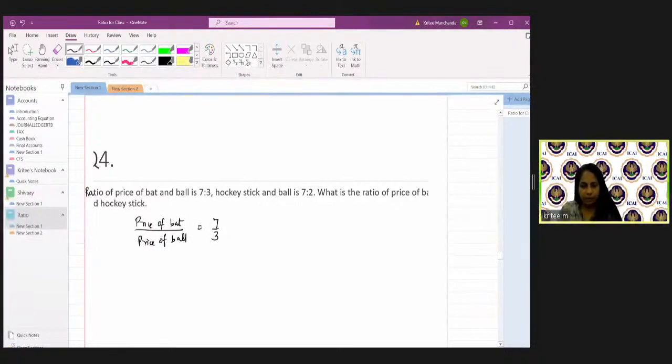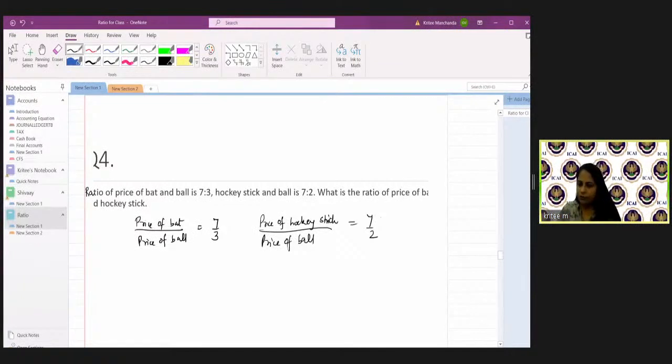Then the ratio of price of hockey stick and price of ball is 7:2.